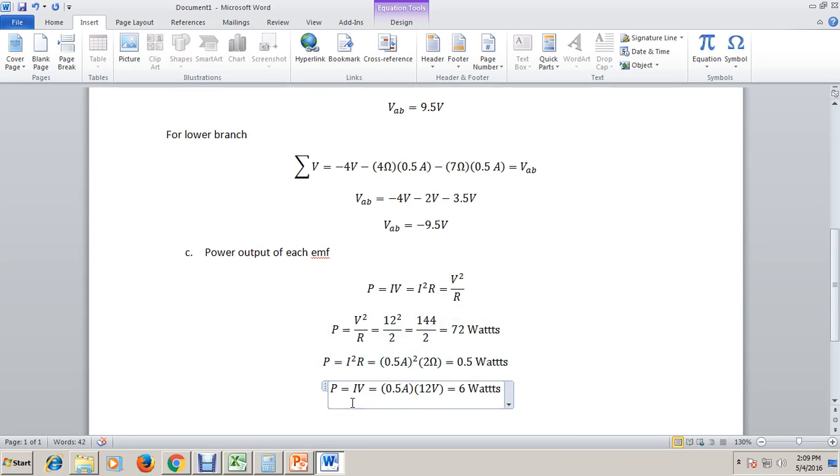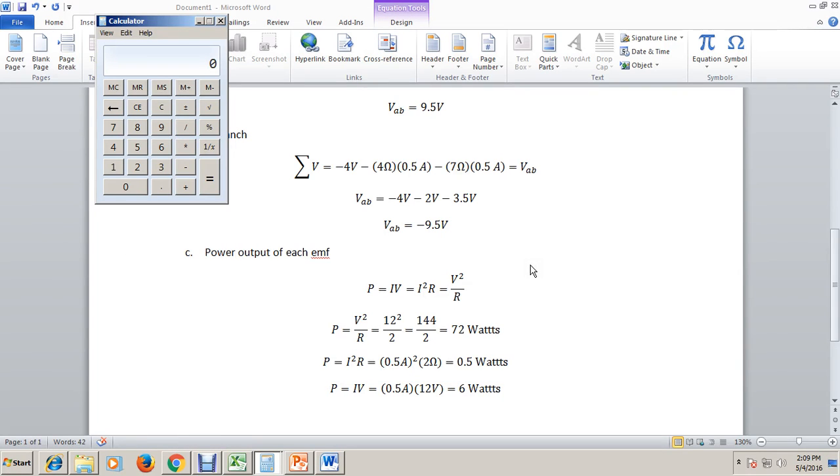For I squared R, 0.5 squared becomes 0.25, and 0.25 times 2 means 1/4 of 2.